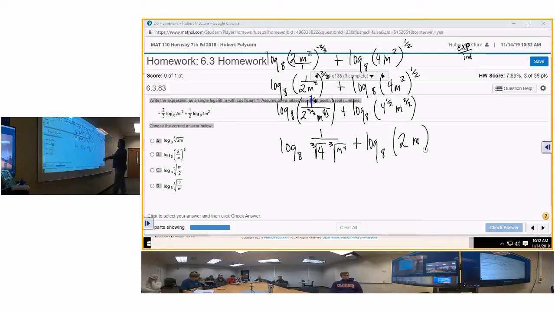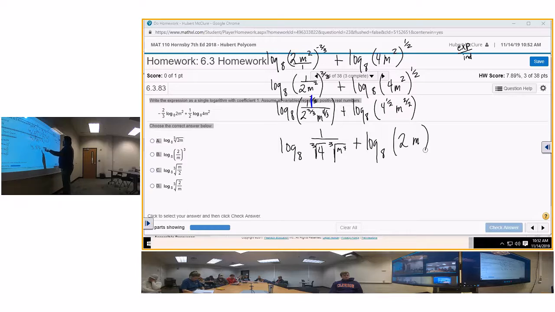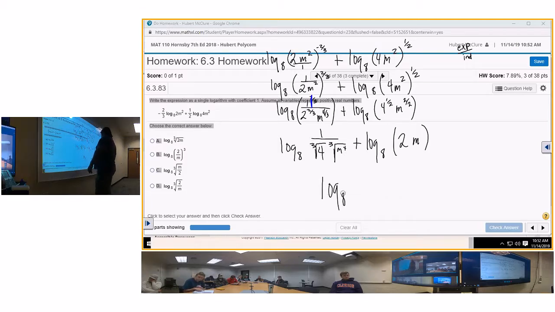We have plus here, so that means I can rewrite it as a what? Multiplication, log base 8 of 2m over the cube root of 4 and the cube root of m to the fourth.